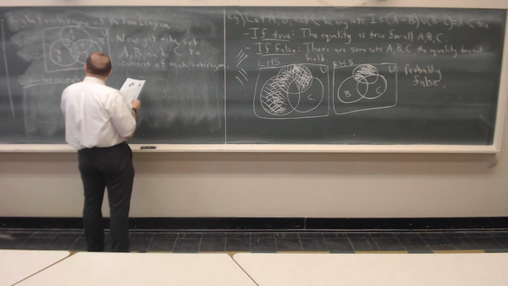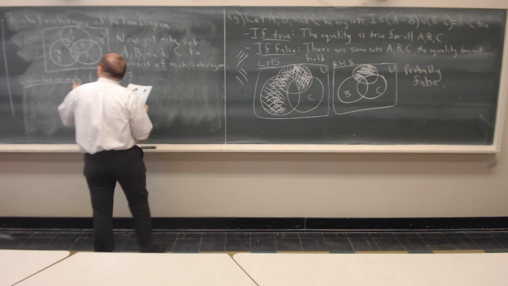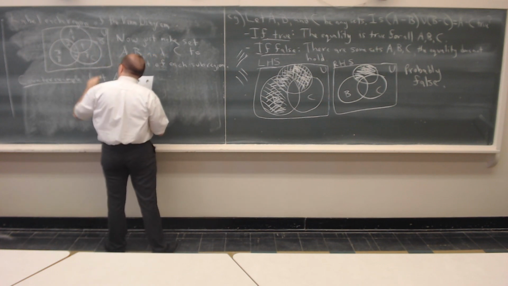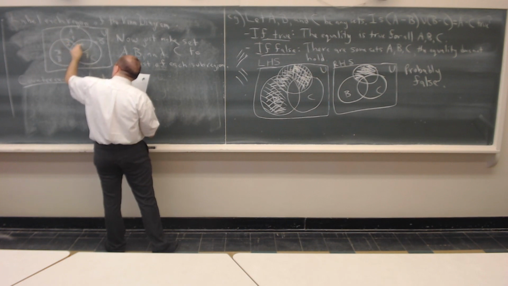So I'm going to let A, now looking at my Venn diagram here, consist of regions 1, 2, 4, and 5.